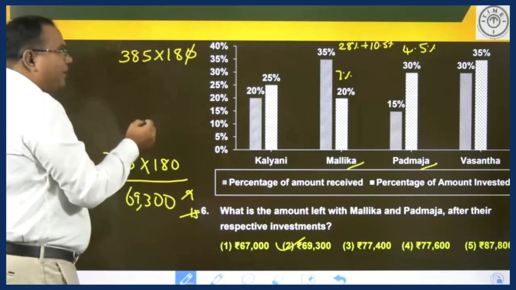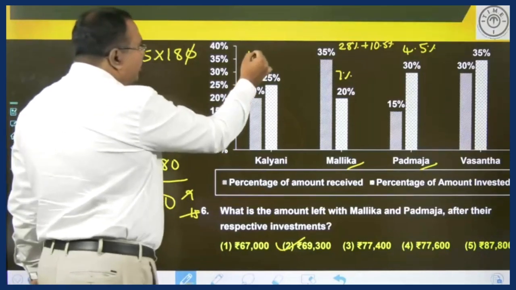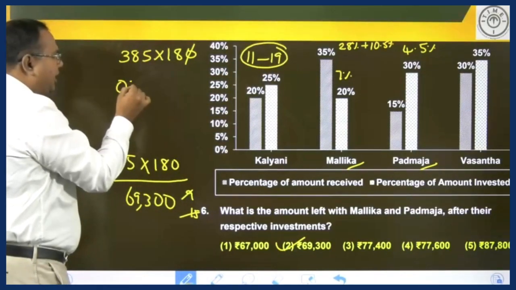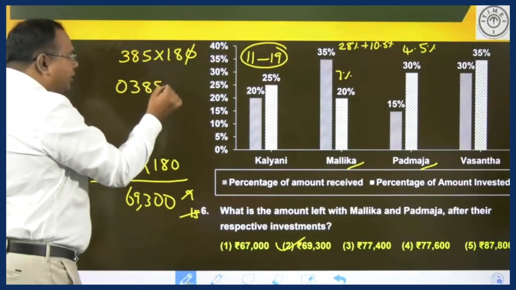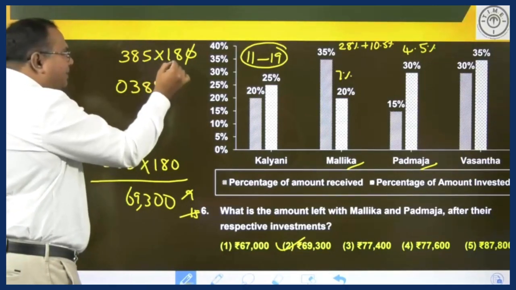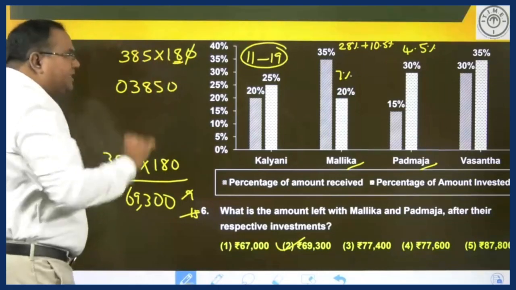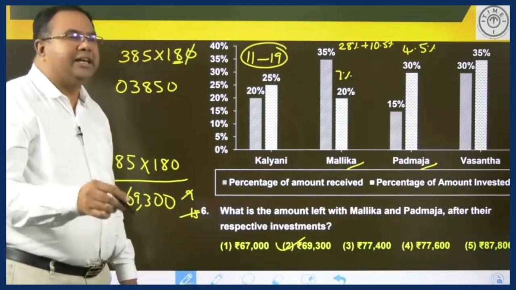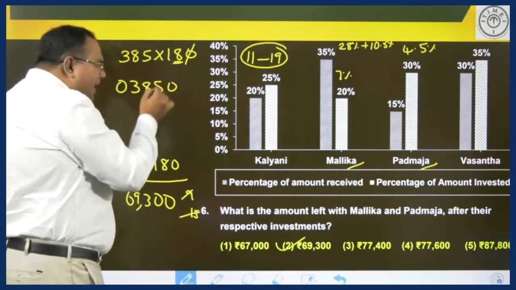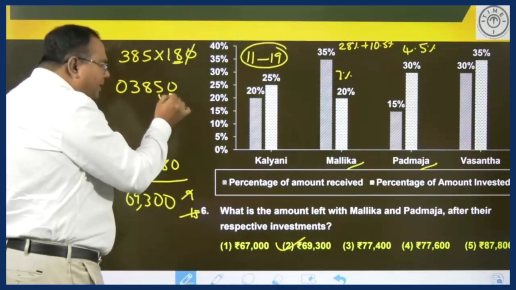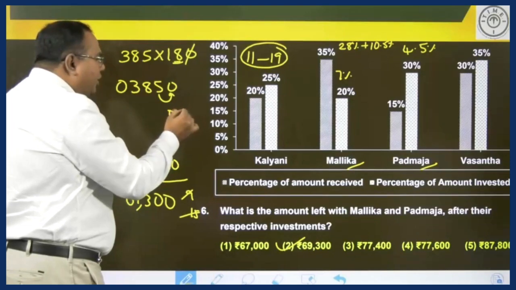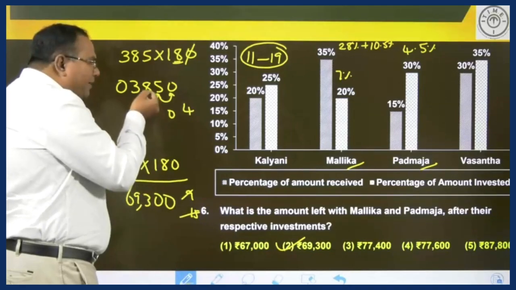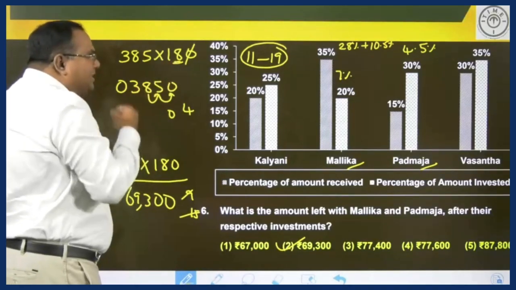Multiply 385 by 18. We have a special technique to multiply numbers from 11 to 19. What will we do? Put a 0 here, 3, 8, 5. 0 at the left extreme and right extreme. I am multiplying by 18. What is the unit digit? 8. So, you multiply by 8 and add its right digit. Start from the right hand side. 8 5s are 40. 40 plus 0, 40. 0 here, 4 here. 8 8s are 64 plus 5, 69.